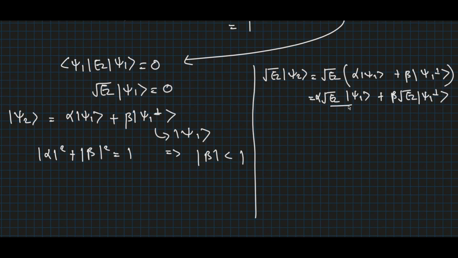And since the first term would be 0, from here we'll have root under E_2 psi 2 equal to beta times root under E_2 psi 1 perp.